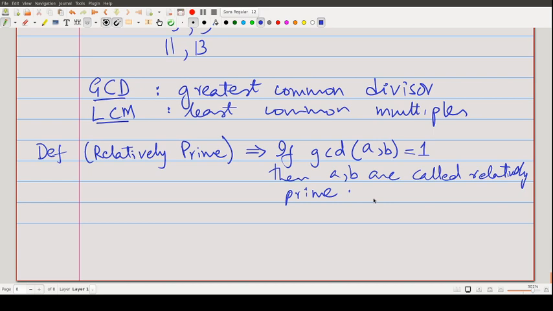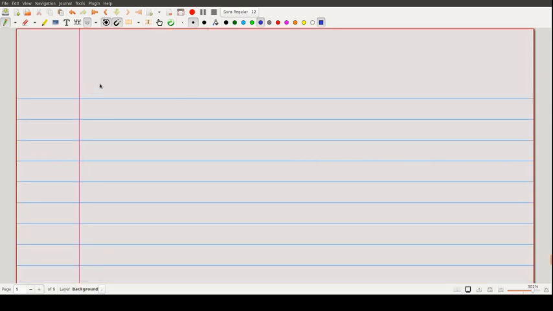There are, of course, simple techniques to finding the GCD of 2 numbers and the LCM of 2 numbers. The GCD of A and B can be found as follows.